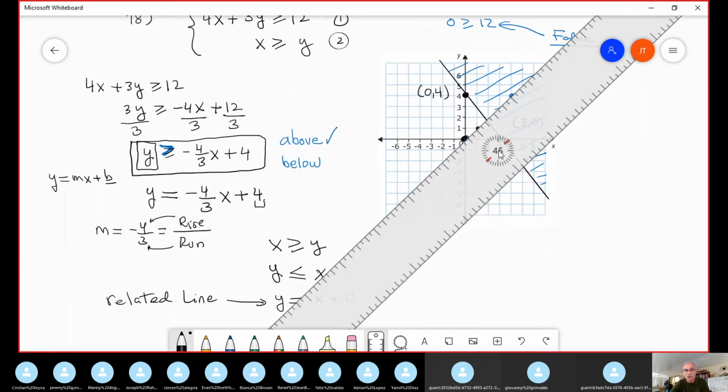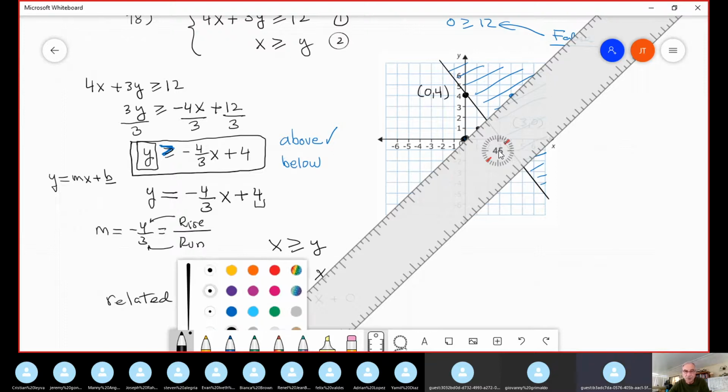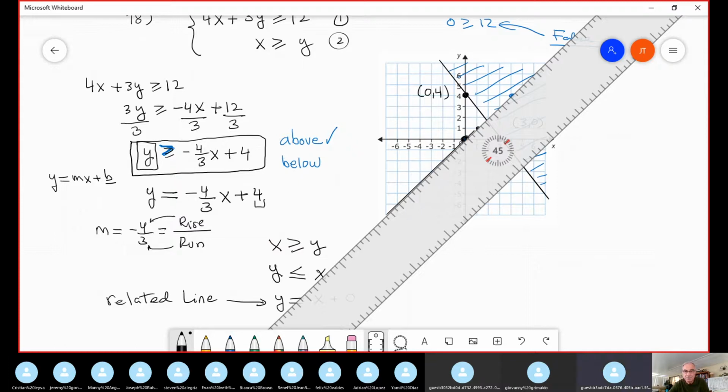Then, are you using solid or dotted? Solid. Solid again. You're right.